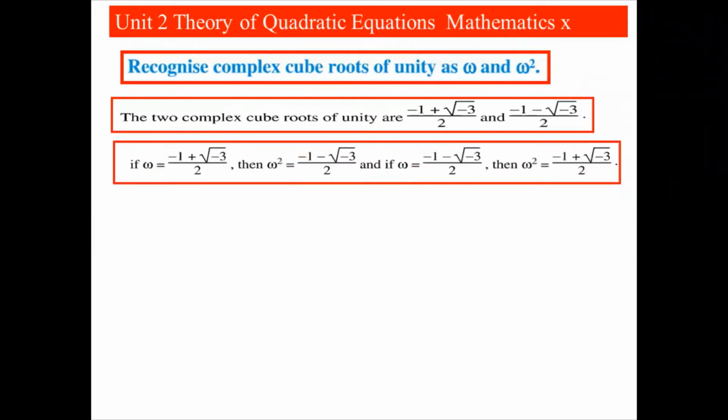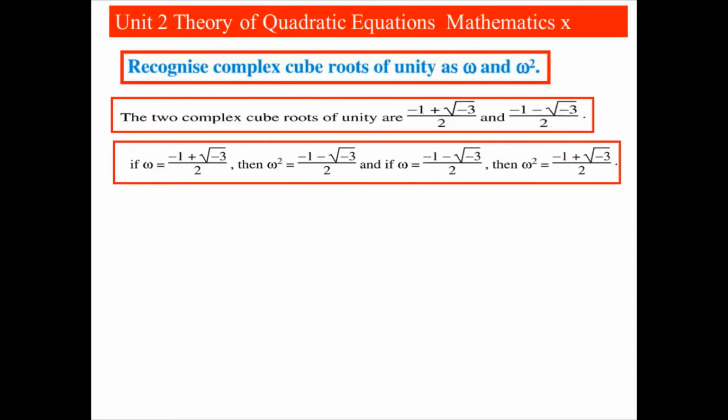If we take omega as the first cube root of unity, then we have to take the second root as omega square. And if we take the second root as omega, then we have to take the first cube root as omega square.